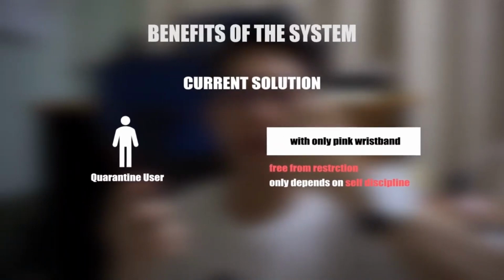This is the comparison between the current solution, where a quarantined person only uses the pink wristband, and this solution. For the quarantined person, it is totally free from restriction, and everything depends on self-discipline. Another solution released in some countries uses a GPS-based wristband, which restricts the movement of the quarantined person, but has lots of errors and inaccurate reports from the wristband.